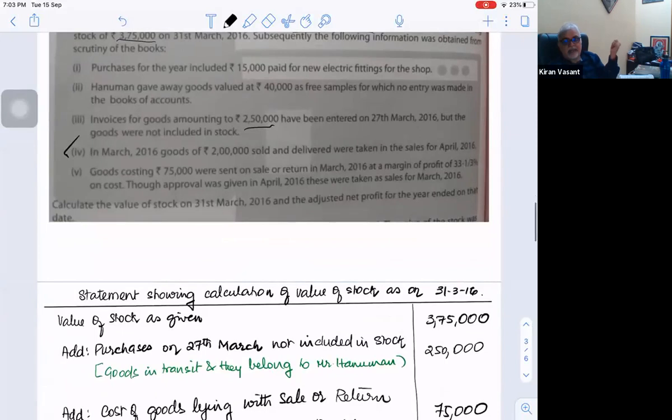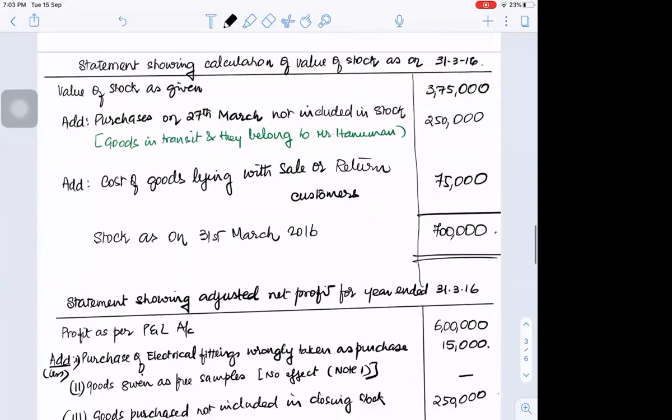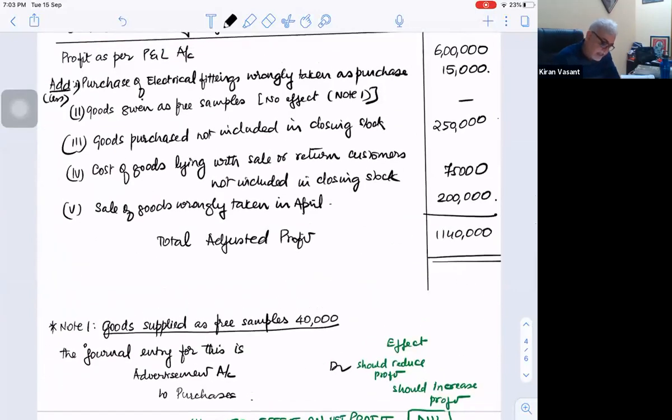Now, what are the sales made? The cost is 75,000. So, what was the sales? 33.5% on 75,000. Correct. I need to do that. Okay, so they're right. This time the institute is right. I made a mistake. I didn't pass that.